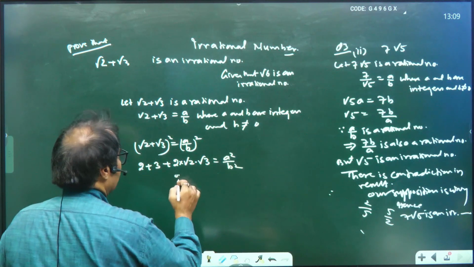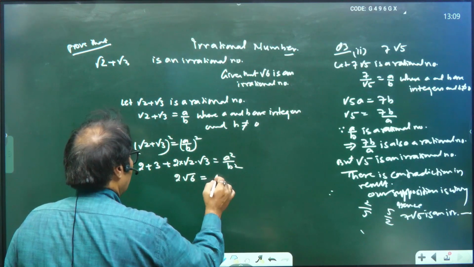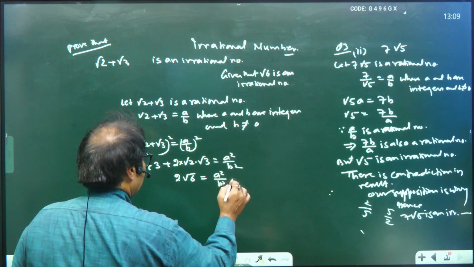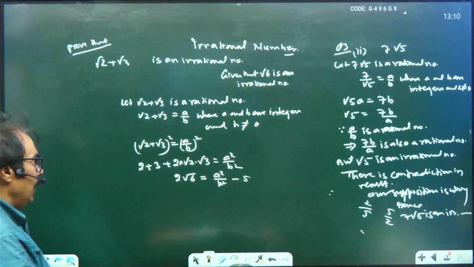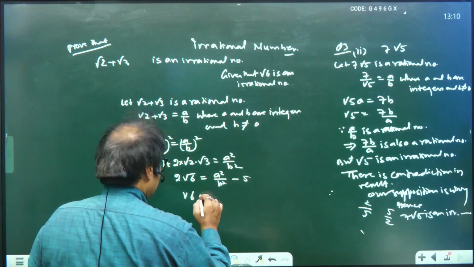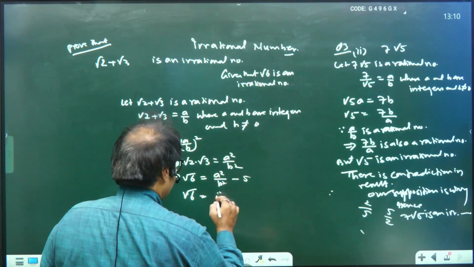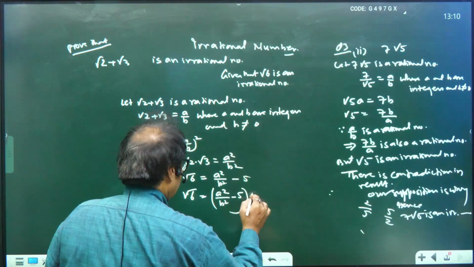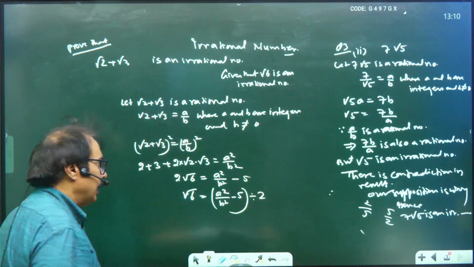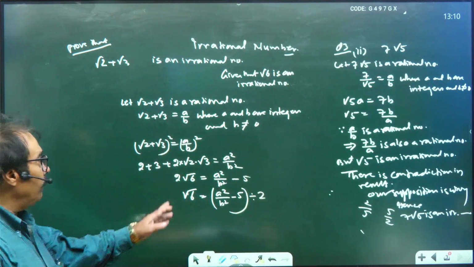So twice root 6 is equal to a square by b square minus 5, 2 plus 3 is 5, transferred to the right hand side. So root 6 is equal to a square upon b square minus 5, whole divided by 2. Okay. Now what is given?